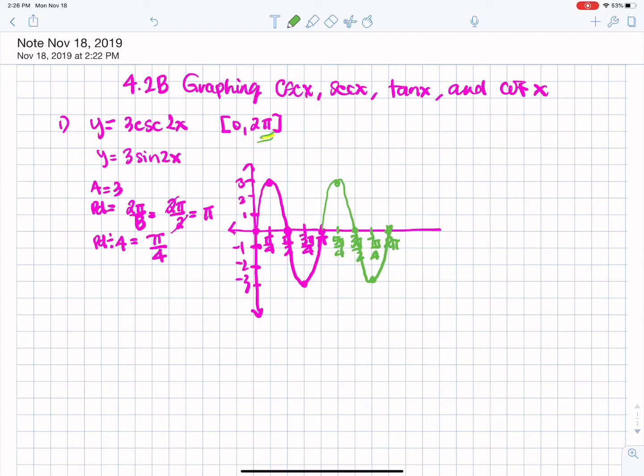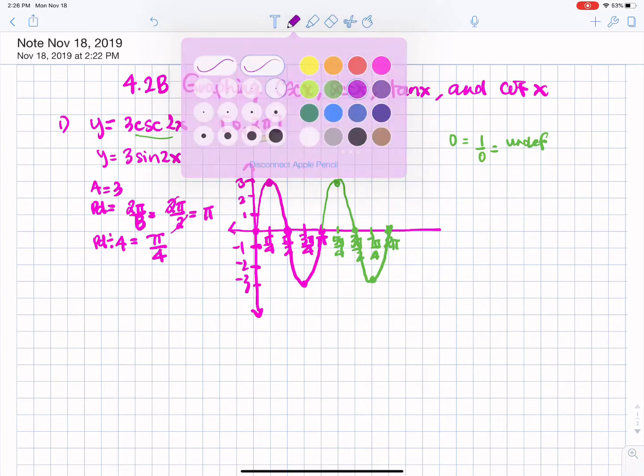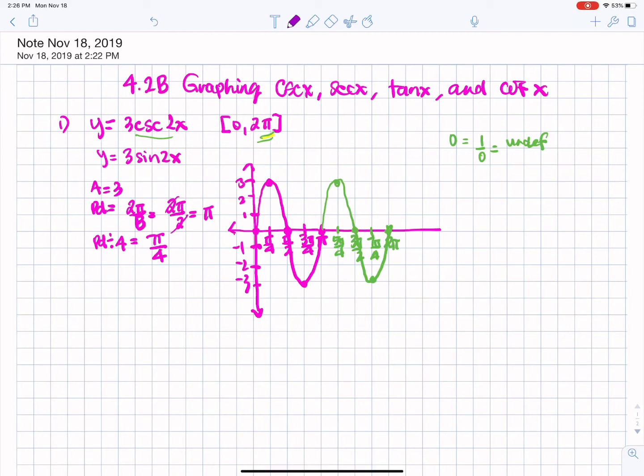Now we're going to do the reciprocal, which is cosecant. Now, you cannot get the reciprocal of 0. The reciprocal of 0, don't think of it as 1 over 0. That is undefined. You cannot get the reciprocal of 0. So look where the 0 is at on your x-axis. So we have a 0 right here.